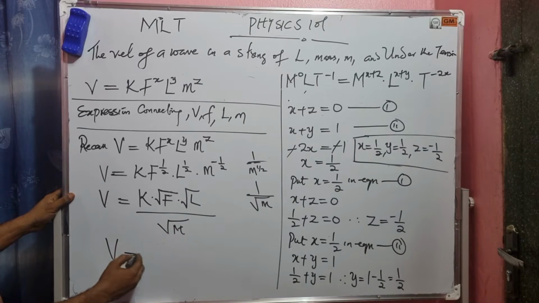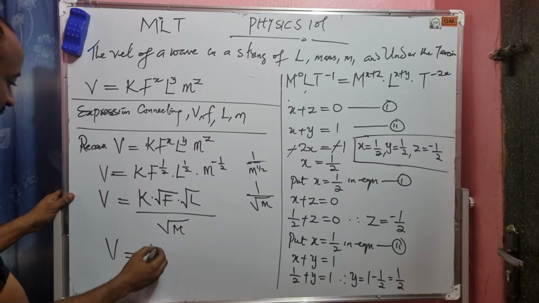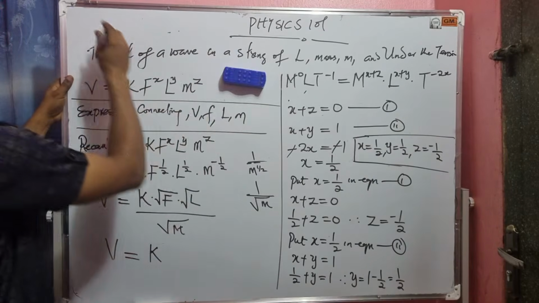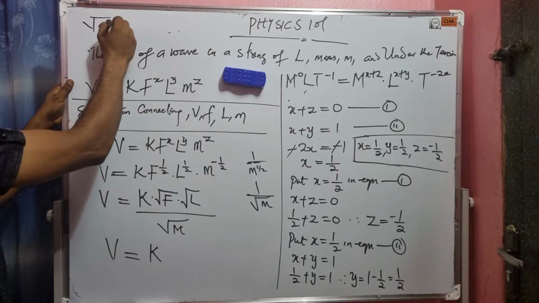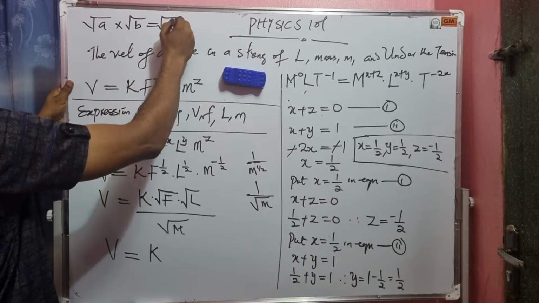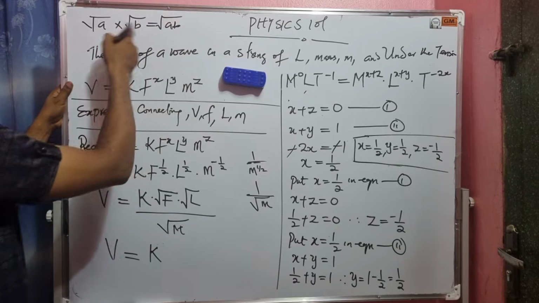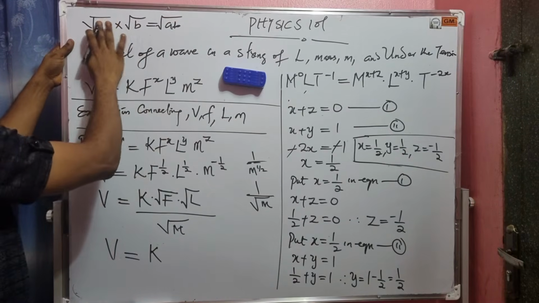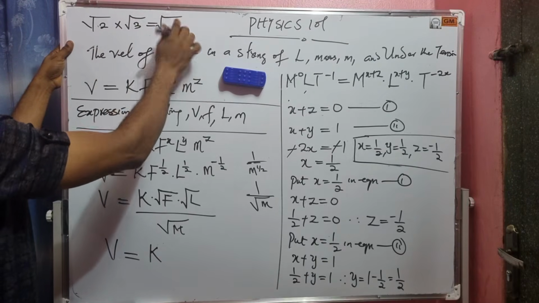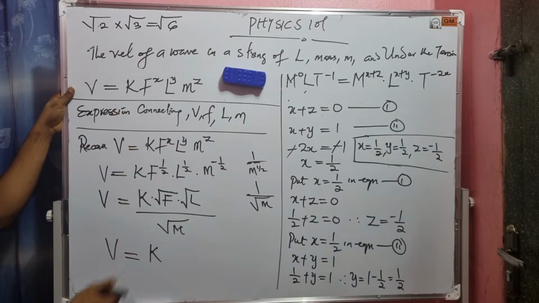So V is equal to, we have K. There's a law of surds that says root A times root B. The law says root AB, meaning multiply A with B. If I have root 2 times root 3, the result becomes root 6. So I can do the same thing here.